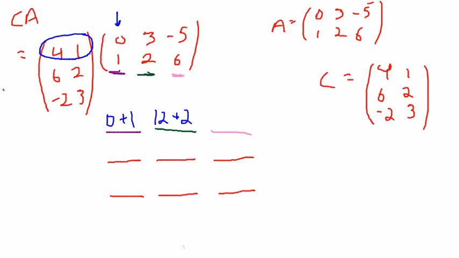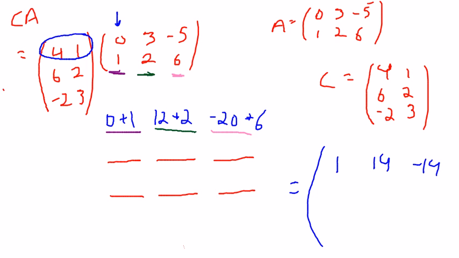So that's going to give me a 14. Here, let's go through and so I get 1, then I get 14. Then I get 4 times negative 5, which is negative 20, and then plus 1 times 6, which is a positive 6. So that's a negative 14.